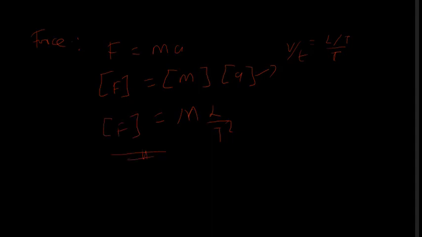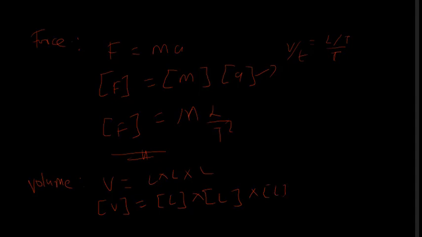And we could go on and on by looking at other examples. Maybe if we look at volume, we know that volume is just given by L times L times L. So the dimensions of volume will just be dimensions of length, dimensions of length, dimensions of length.